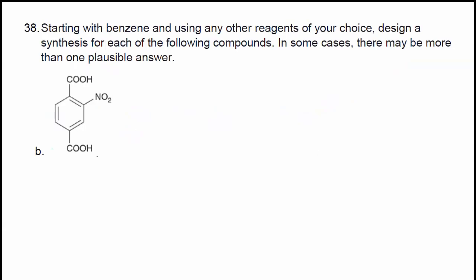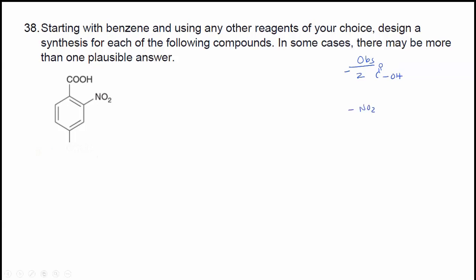All right, on this one, it's the same thing. Benzene, we're going to do a synthesis. I have 2 carboxyl groups here, which are the same as this, so carboxylic acids, and a nitro group.